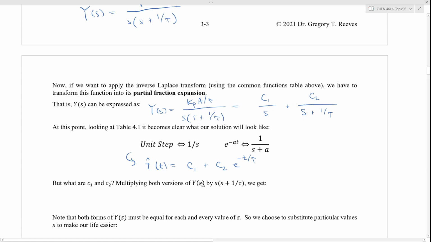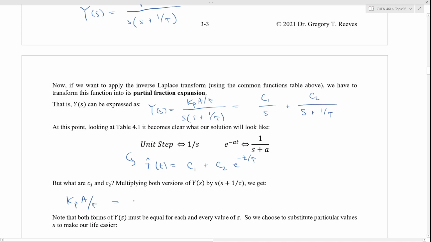What we want to do is multiply both versions of Y of s by this denominator here. That gives us on the left-hand side just Kp times A over tau. On the right-hand side, part of this denominator that we're multiplying through cancels out with the denominator of the first term, and the other part cancels out with the denominator of the second term.